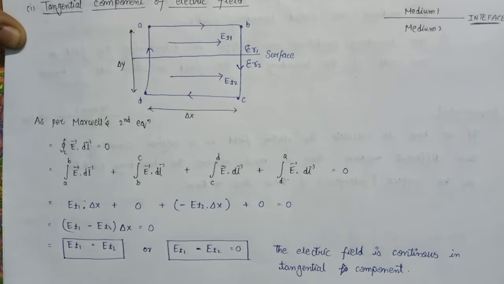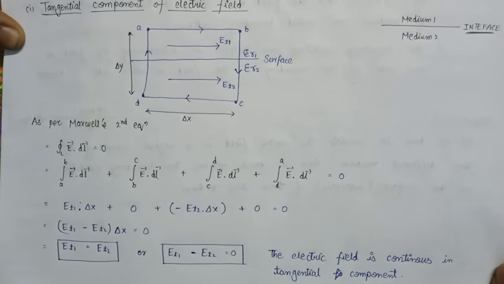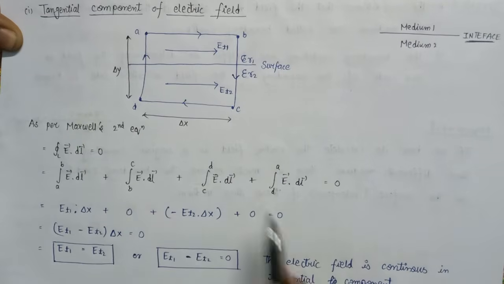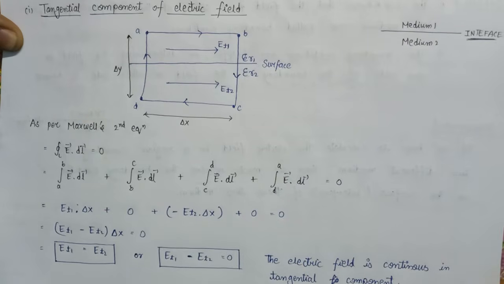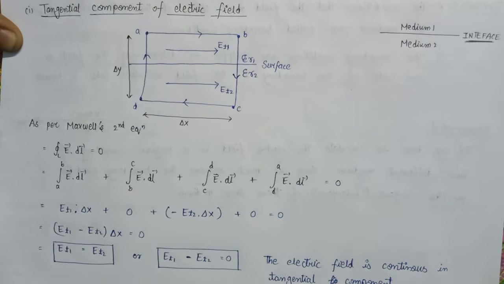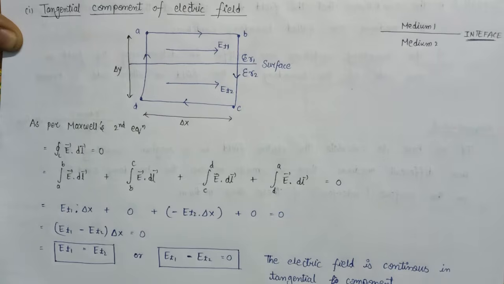So this is all about the tangential component of electric field. So from the evaluation we know that the electric field is continuous for tangential component. Now let us discuss about the normal component of electric field.